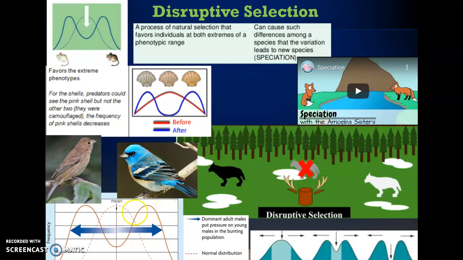And what's favorable is either to have these lightish brown or these bright blue feathers, because what ends up happening is that these males here that might be a darker brown or have some blue on them, these dominant guys, are going to really compete with them to get that female mate. So it's favorable. They're going to find a mate. They've got pretty feathers, and they're going to dominate, and they're going to scare the other ones away.